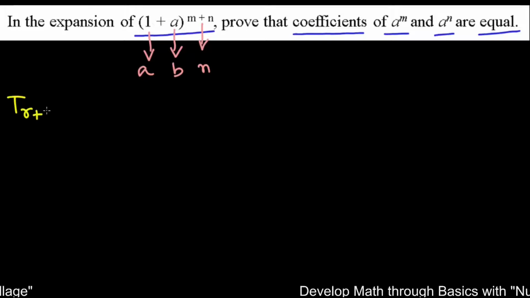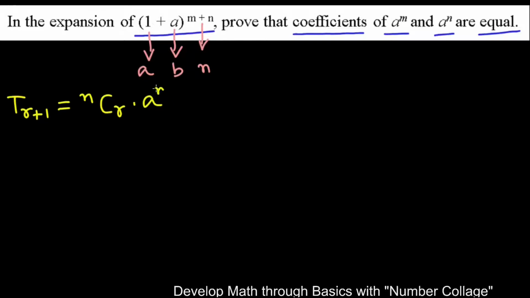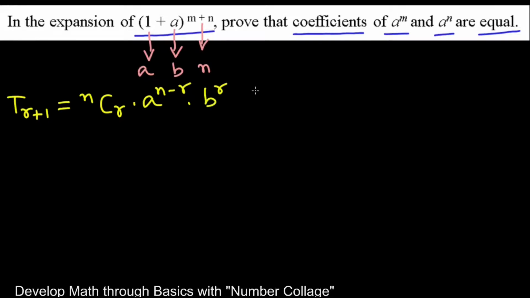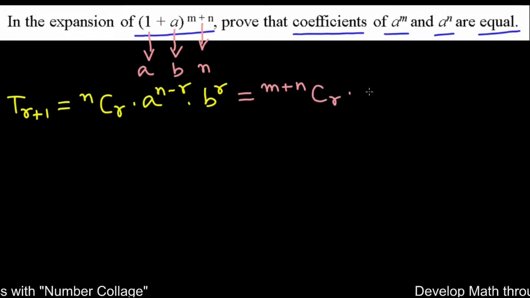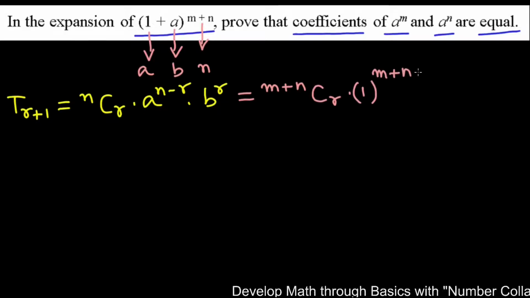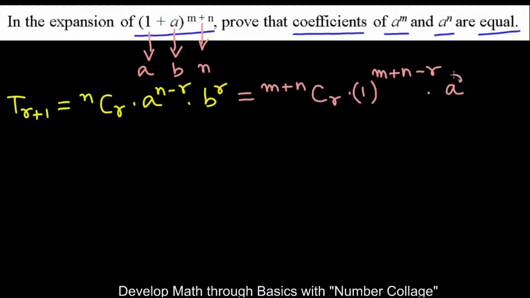The general term of binomial expansion is T(r plus 1) equals nCr a raised to n minus r into b raised to r. In this case, it will be (m plus n)Cr into a, which is 1 raised to m plus n minus r, into b, which is a raised to r.